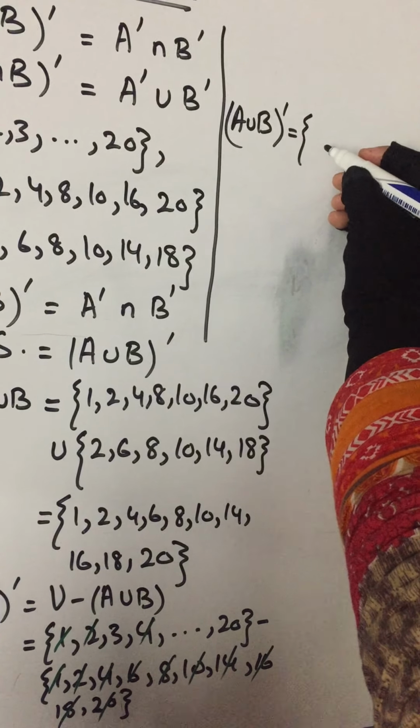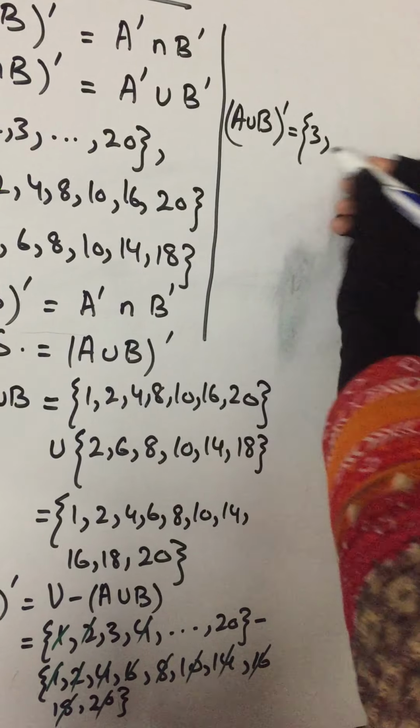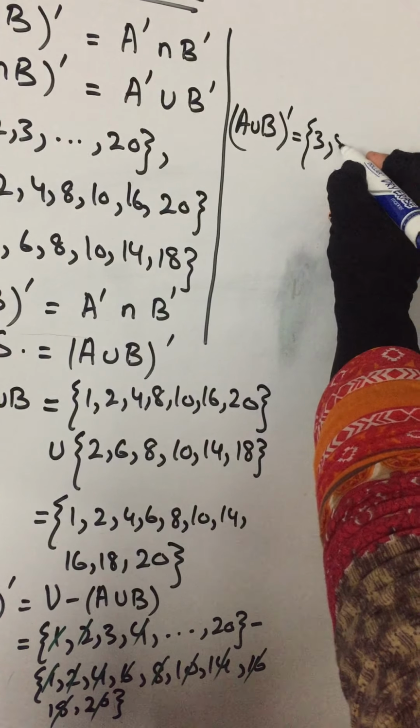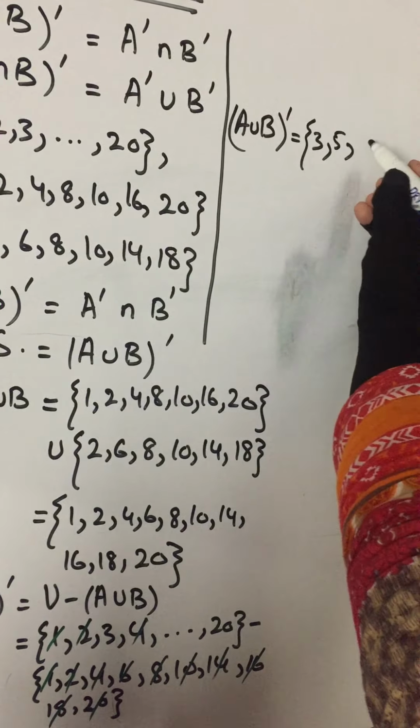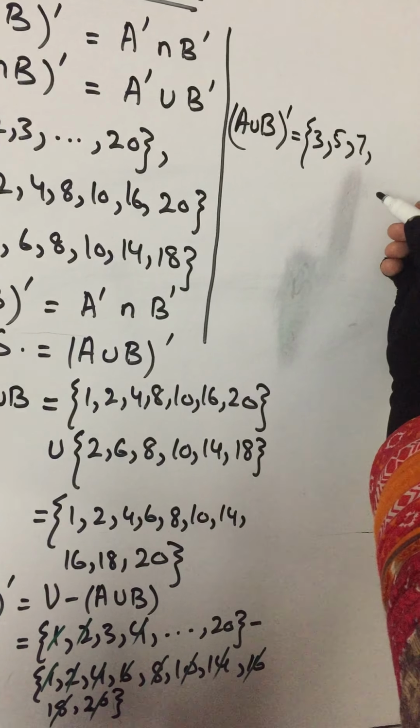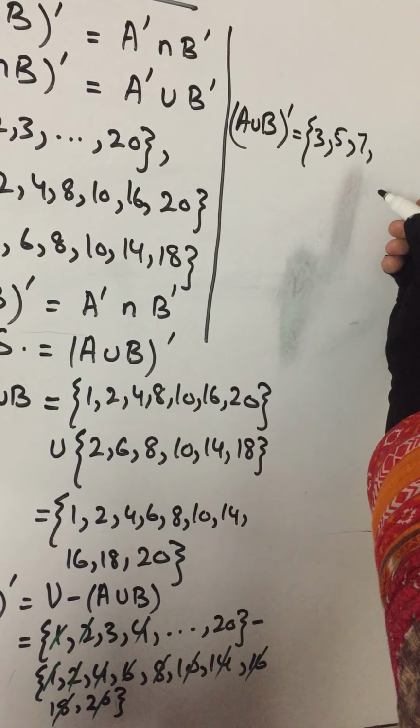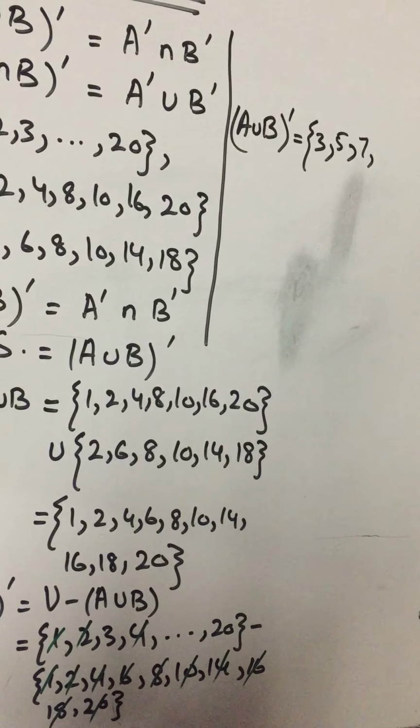the remaining elements are 3, 4 is cut there, then 5, 6 is cut, then 7, 8 is cut here.